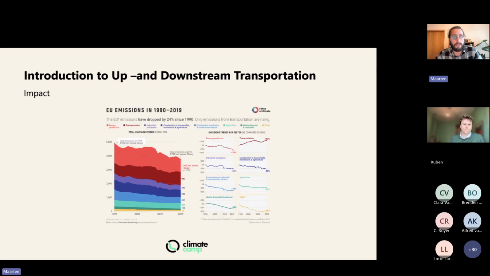You can see it here when we look at EU emissions between 1990 and 2019. For almost all of the industries, it has gone downwards because we have dropped 24%. But transportation is one of the only ones that has increased its emissions profile or its emissions intensity.